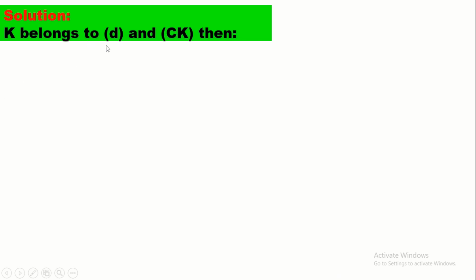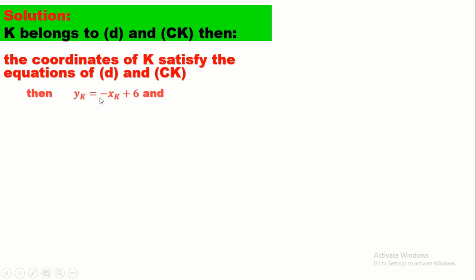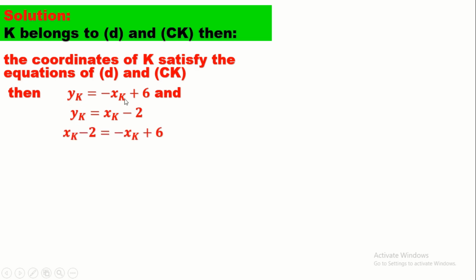K belongs to D, we have the equation of D, and K belongs to CK, we have just found the equation of CK. We can solve them using y equals y. The coordinates of K satisfy both equations of D and CK. We are talking about the same point, so yk equals yk. Then we can write xk minus 2 is equal to minus xk plus 6.